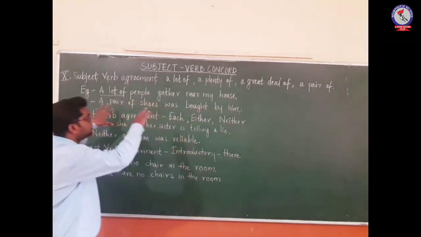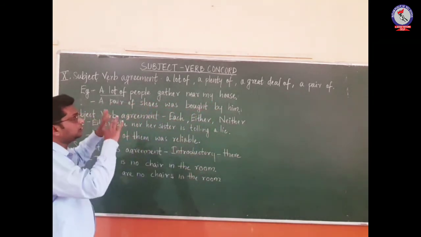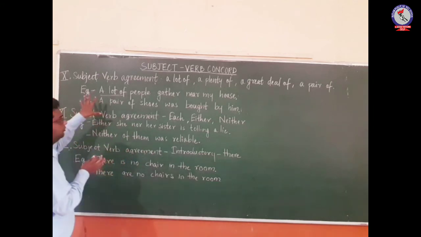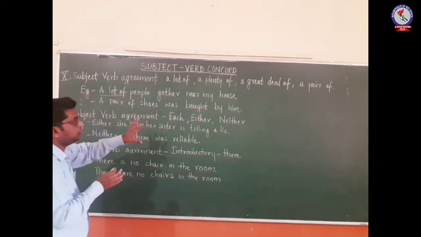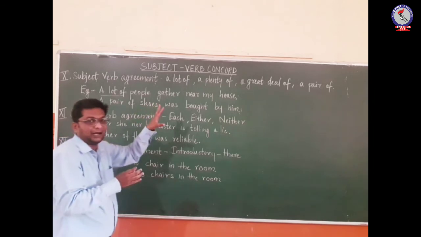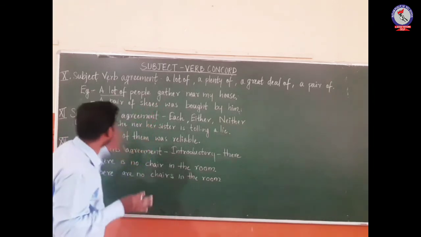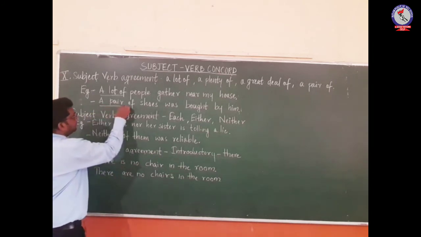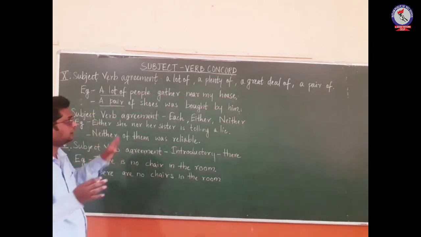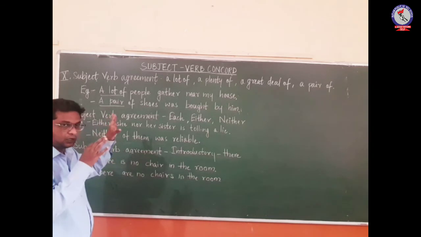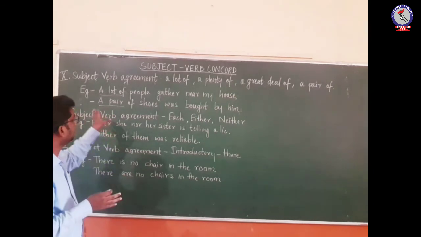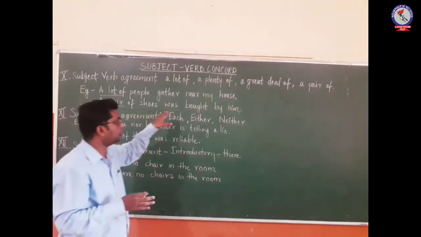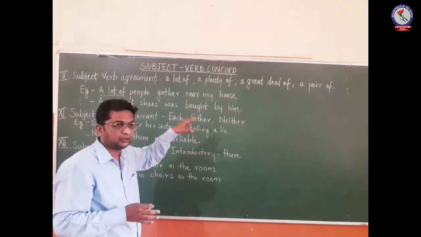So we can see that a plenty of or a lot of people gather here or near my house. See one more example. A pair of shoes will be followed by a singular verb. A pair of shoes was brought by him.